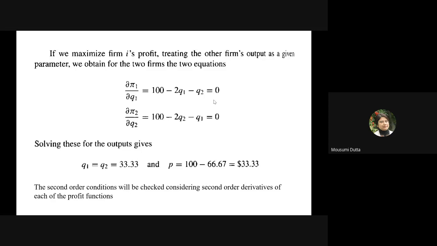So what do you have to consider in the context of oligopoly? Separate profit functions for all the firms. However, these profit functions will be a function of output of all the firms existing in the industry. So you have to write a separate profit equation for all the firms, and all the profit equations will be a function of the output of all the firms.